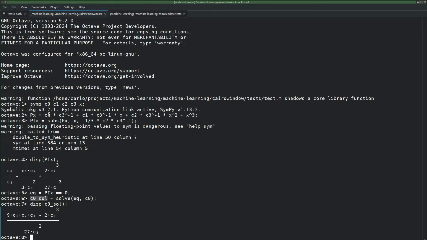So again, C0 times... I divided by C3, okay, and again and again, in which case the IX is not correct.